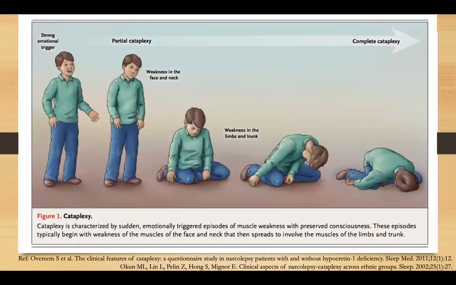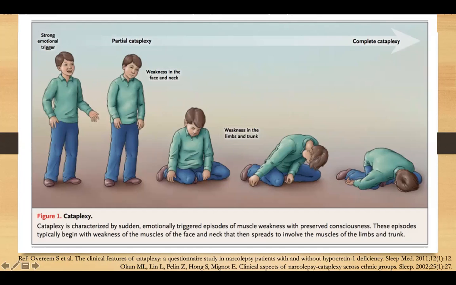Cataplexy is highly diagnostic of narcolepsy. It is characterized by sudden, emotionally triggered episodes of muscle weakness with preserved consciousness. These episodes typically begin with weakness of the muscles of the face and neck, and may spread into muscles of the limbs and trunk.